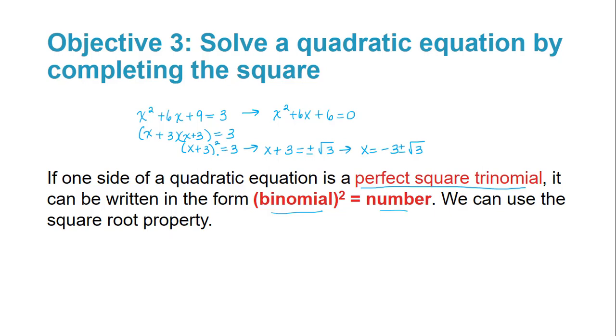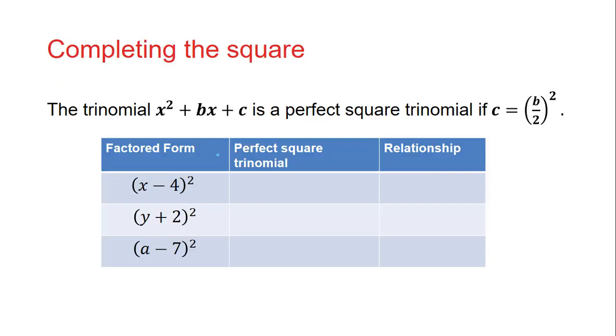So before we go further in this process, let's talk about perfect square trinomials and how we can recognize them and what the relationship is of the numbers inside those perfect square trinomials. So we have this expression x minus 4 squared is a binomial squared, and when we square that, we actually get a perfect square trinomial.